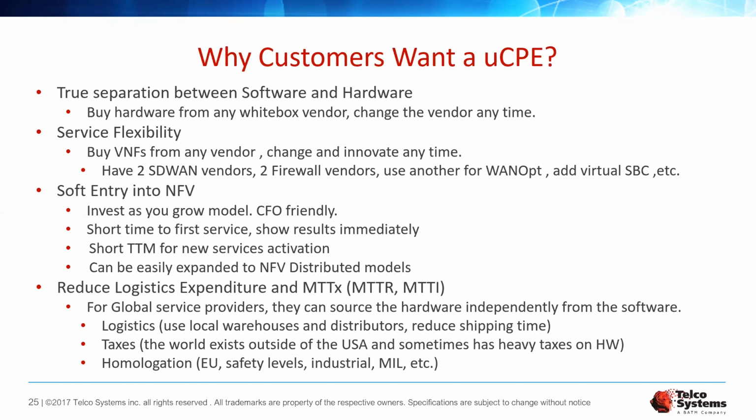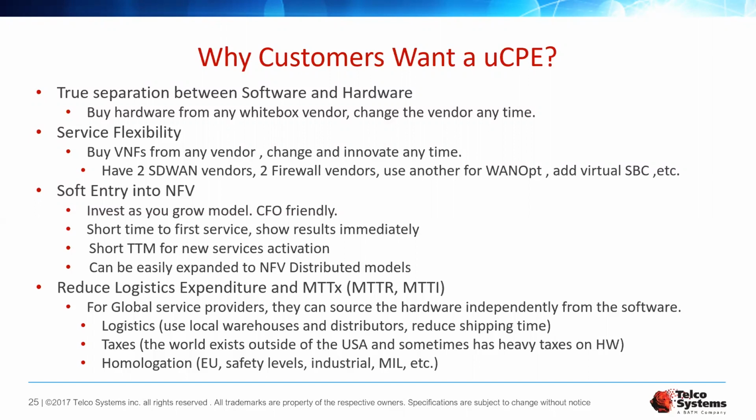And then homologation, and things like safety level, rugged devices. Imagine that you have a service and you need three network functions that you're going to buy from three different vendors. Each of them has to homologate.